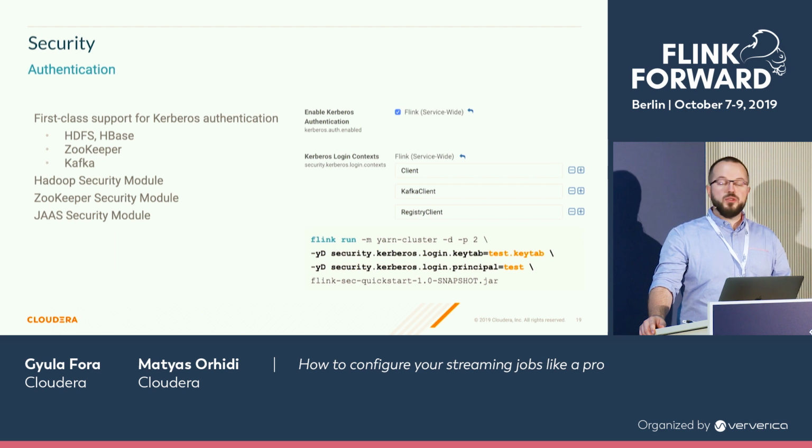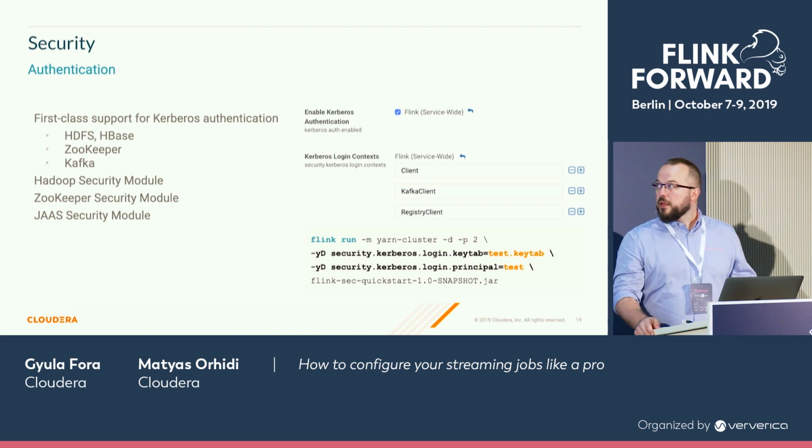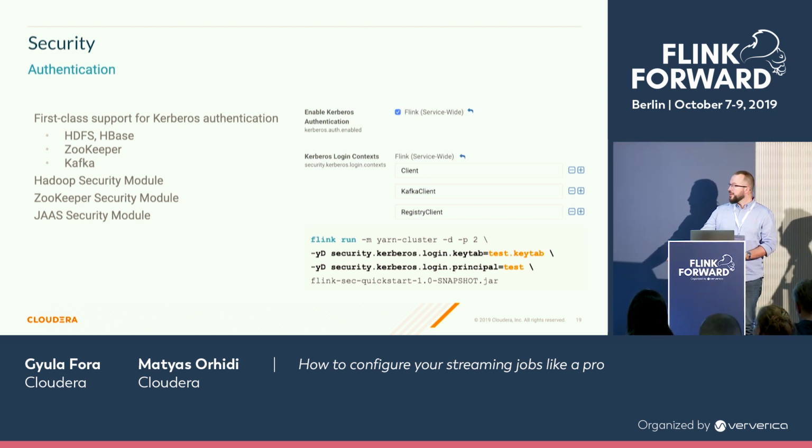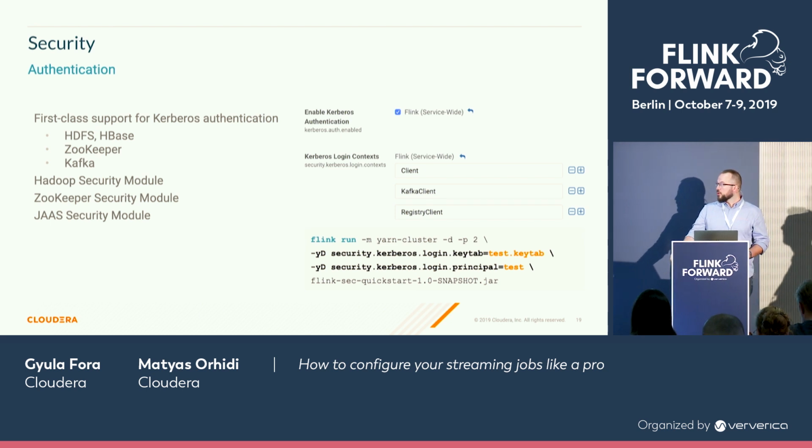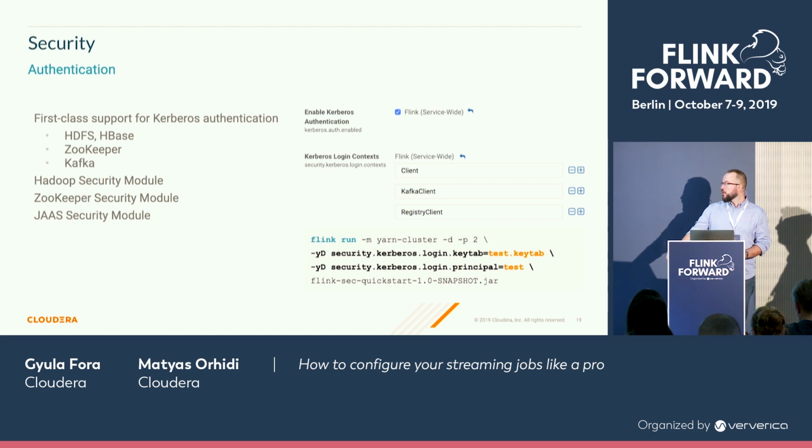The last one, the JAAS security module, can be used not only to integrate the Kafka connector and provide Kerberos authentication for this connector, but also additional components that implement the JAAS security module can use this feature. And you can see on the right side of the slide, by simply adding a configuration, you can enable new services automatically, new connectors for your application that relies on the JAAS security module.